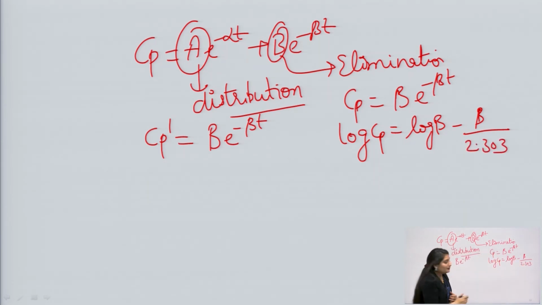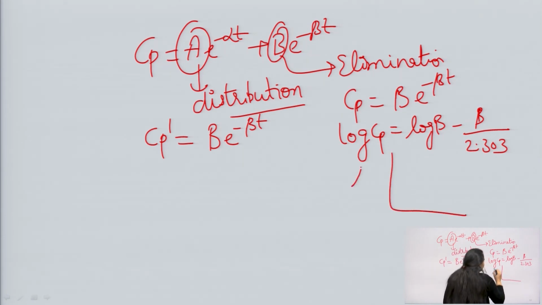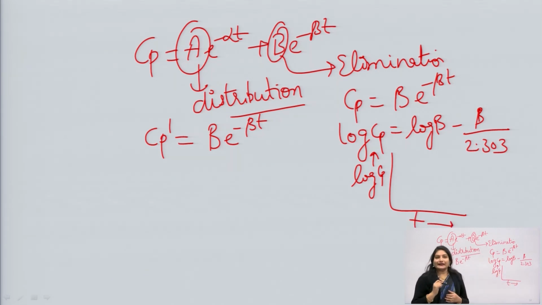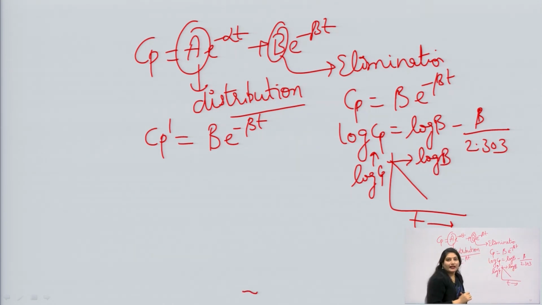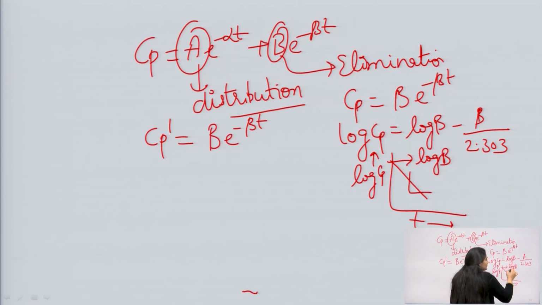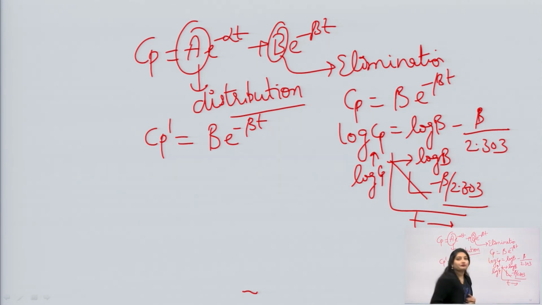We can plot a curve between the logarithm of Cp on the y axis and t on the x axis, and we will get this type of curve. Here the intercept is representing the value of logarithm of B and the slope is representing minus beta upon 2.303.